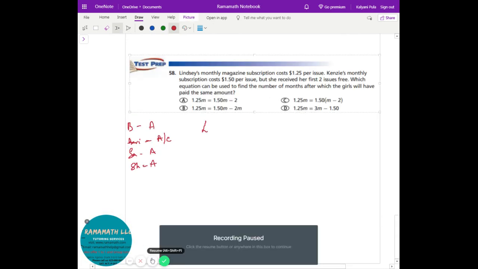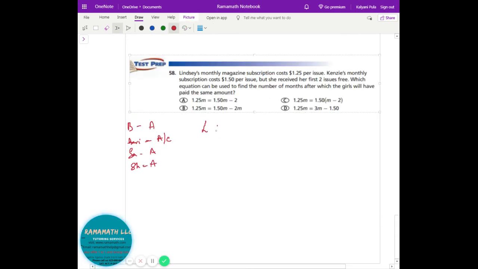Okay. Lindsay is paying $1.25 per issue. Since they put it per month, I can put month. Okay. So that's $1.25 per month. But coming to Kenzie, she gets 2 months free. So how much is she not paying? $1.50 plus $1.50.